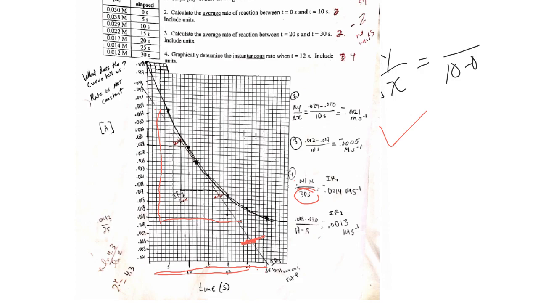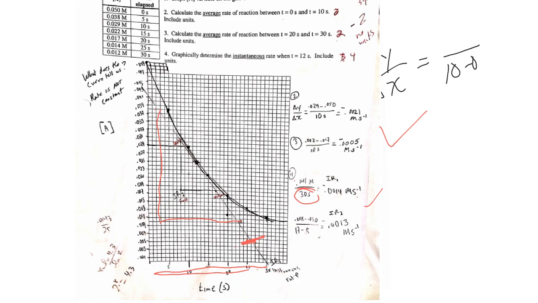Now I double checked myself, which is always a good idea to do. I took one where I used easy numbers to get my slope in this case. So in this case, I used 0.030, and then the final point there would be 0.018. And then the time interval there was from 8 seconds to 17 seconds.